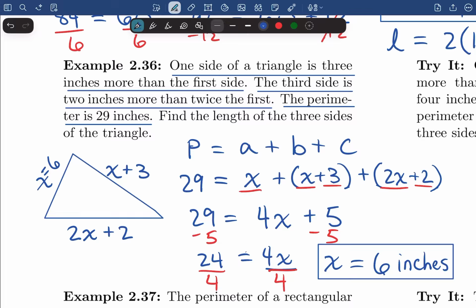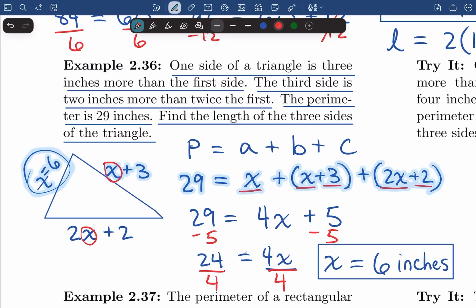But they want me to find the length of the 3 sides of the triangle. So I can plug x equals 6 into this spot for x and this spot for x to find the other side lengths. For example, I take 6 plus 3 to get 9, so this side length is 9.